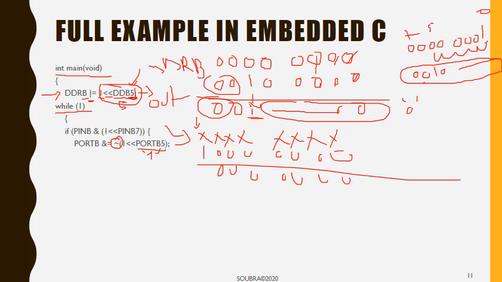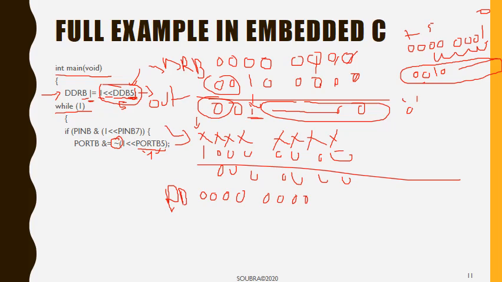So port B, let's say it's initially 0, 0, 0, 0, 0, 0, 0, 0. This is my port B, PB. Now I shifted the 1 five times: 1, 2, 3, 4, 5.